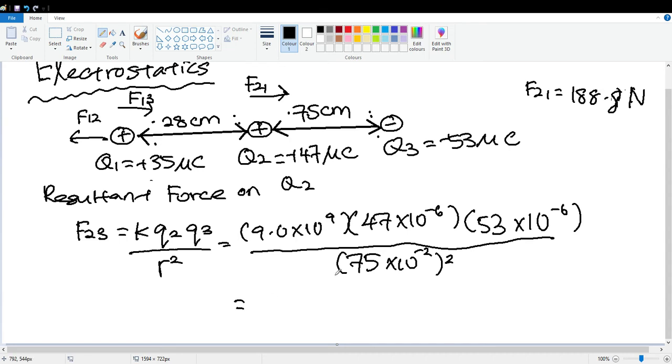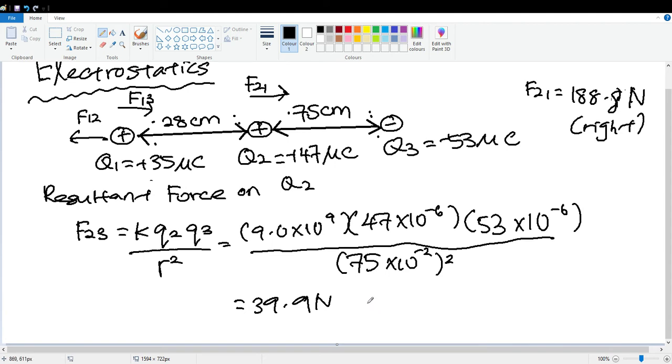And what I have for this F23, 53 times 10 to the power negative 6, over 75 times 10 to the power negative 2, is 39.9 Newton, to the right.